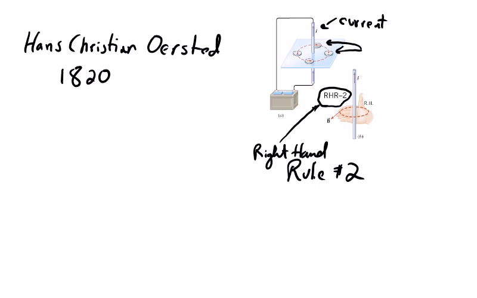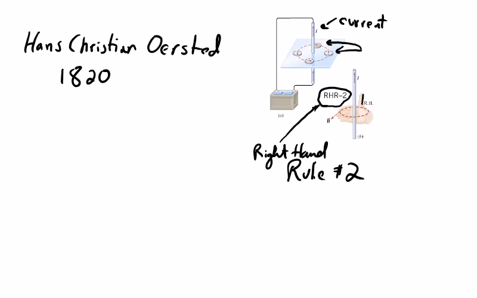The idea of the right-hand rule to figure out the direction of the magnetic field when you have a current flowing through a wire is you take the fingers of your right hand and curl them around your current with your thumb pointed in the direction of the current.